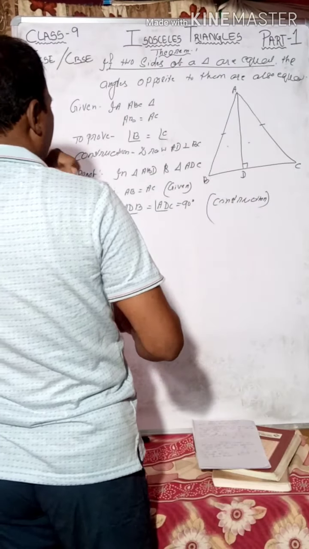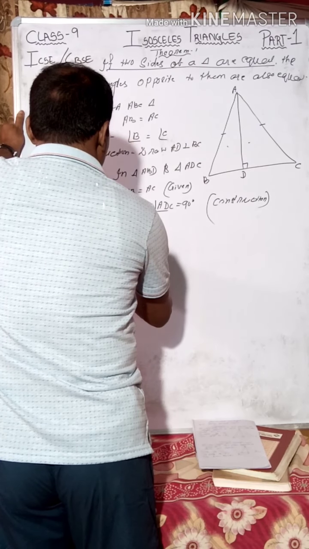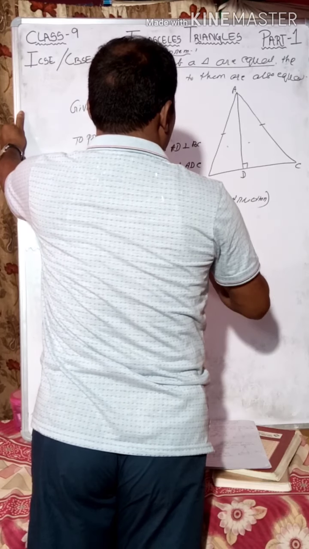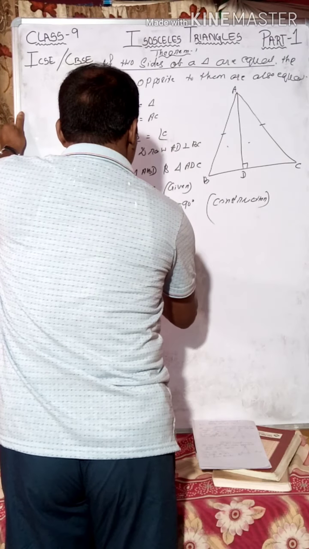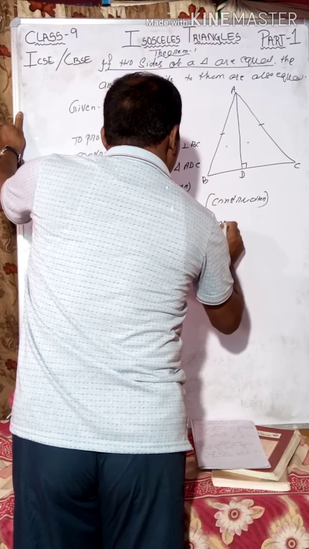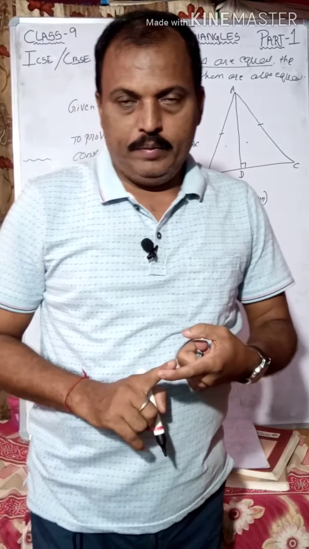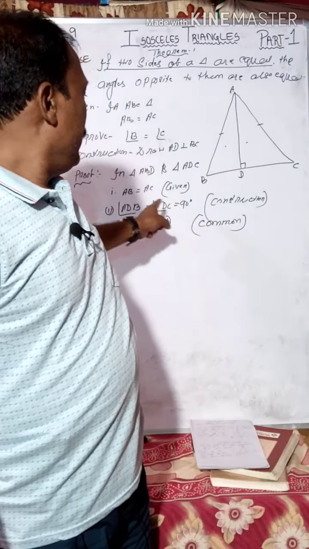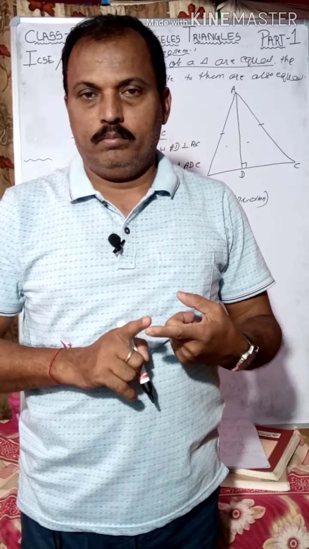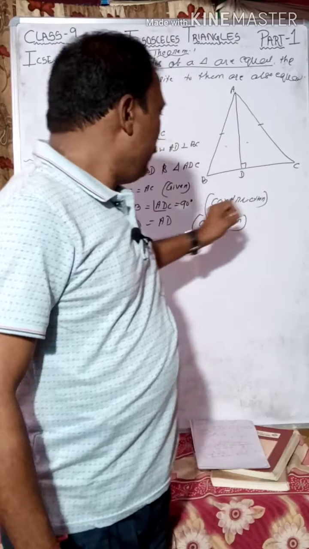And then the next thing, AD is equal to AD, that is common. I always said that every step of a geometry proof has a reason. We should write the reason on the right side.